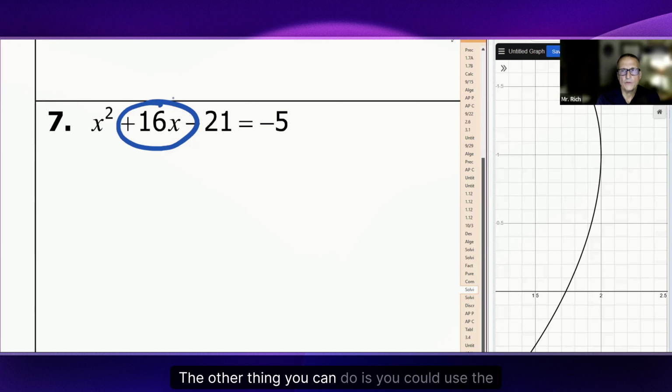The other thing that you can do is use the quadratic formula. The quadratic formula is really similar to completing the square, in so much as it is derived by applying the completing the square method to the general, or standard, form of a quadratic. Or you could graph it, right?